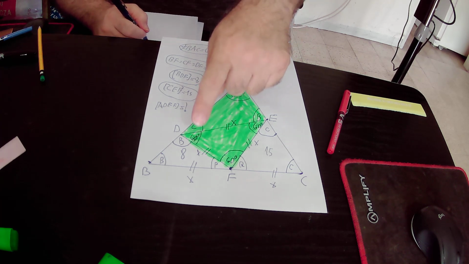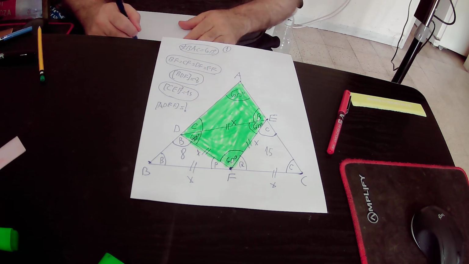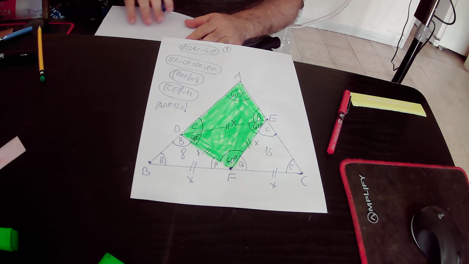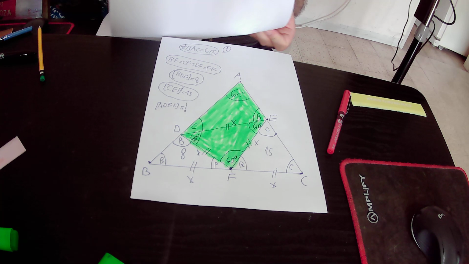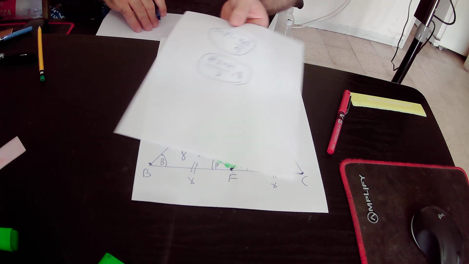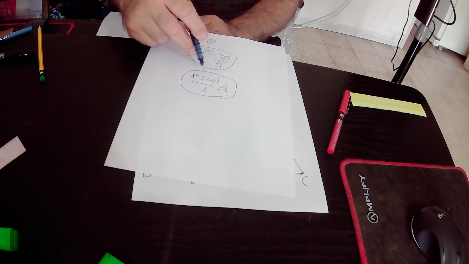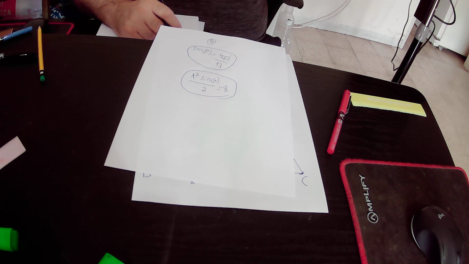But we know that the area equals 8 square units. So we found that the area of triangle DBF equals x squared times sine P over 2, and we know that the area equals 8 square units.